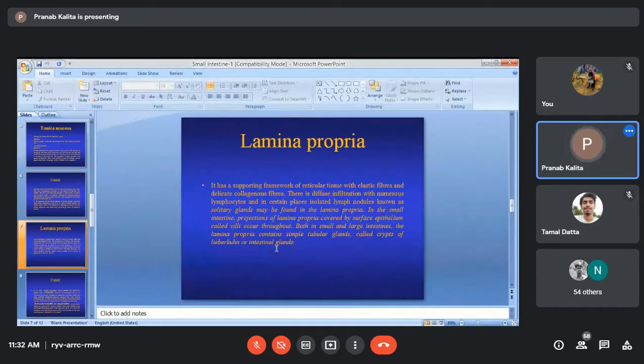This is important. So these are the simple tubular glands. The simple tubular glands present in the lamina propria are counted as the intestinal glands or crypts of Lieberkuhn.